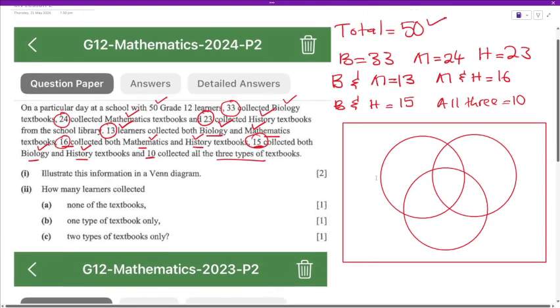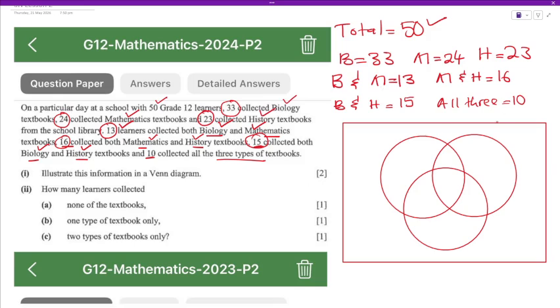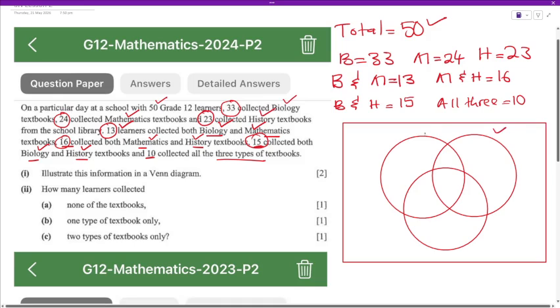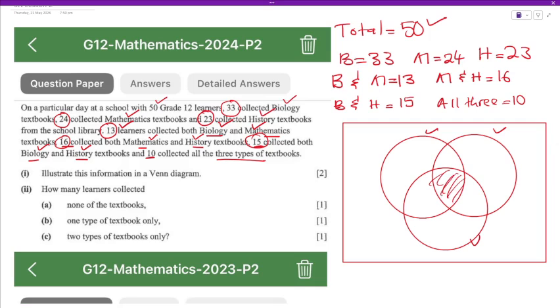That's fine. The reason why I've placed them like this is that whenever you have somewhere that says all three, it simply means all of these sets are intersecting at one point, and this is where they are intersecting. All three of those sets are intersecting right there.